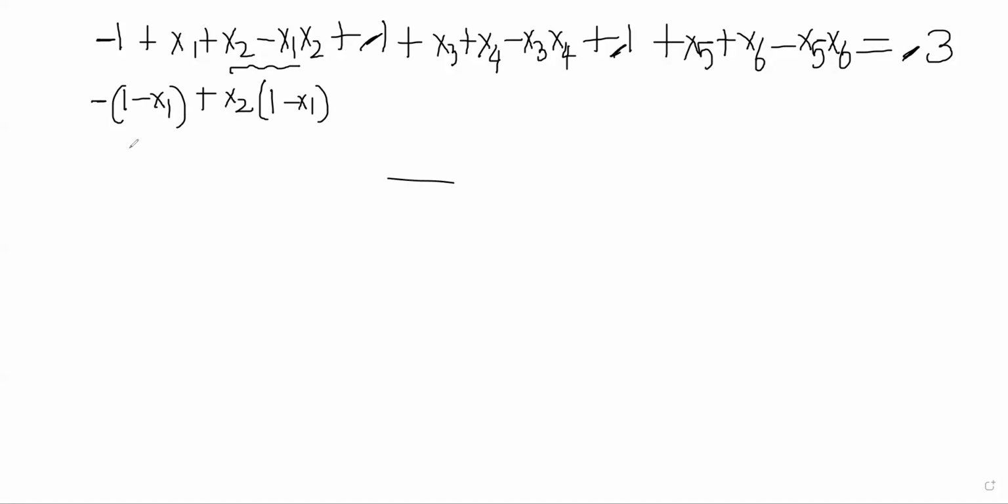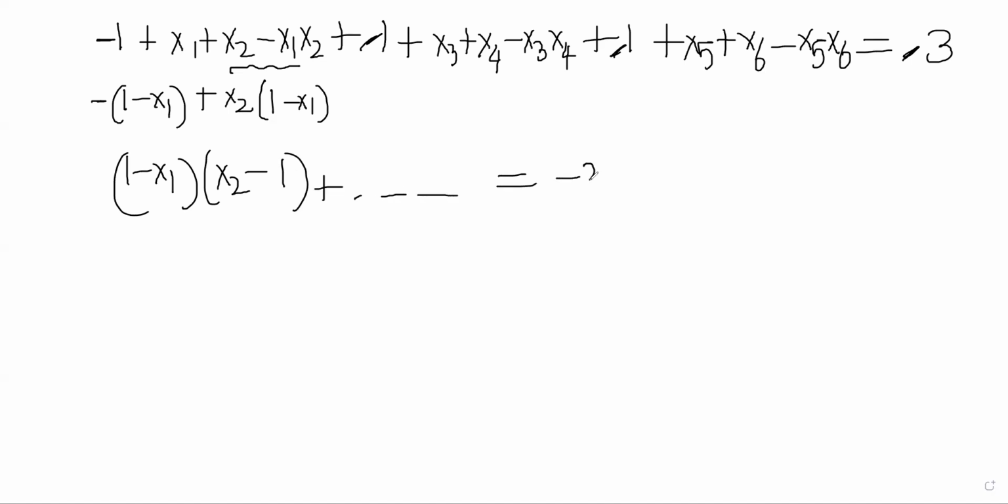And eventually I will be able to factorize this, say 1 minus x1, x2 minus 1, right? Plus 1 minus x, similar terms here. Similar terms here is minus 3.